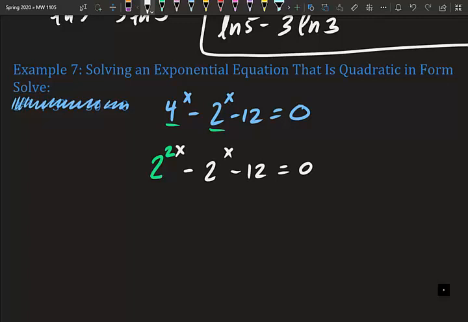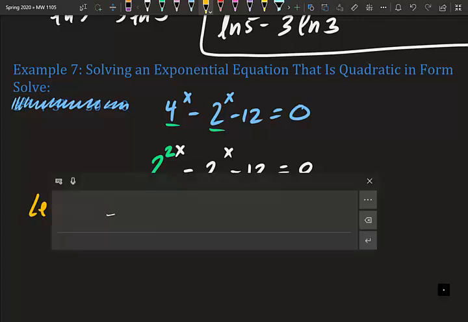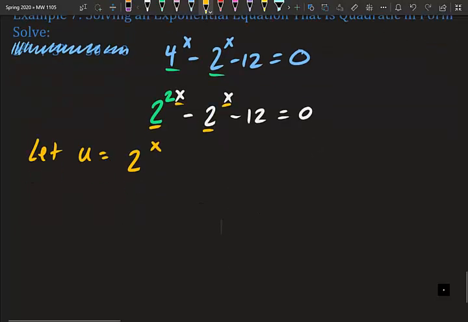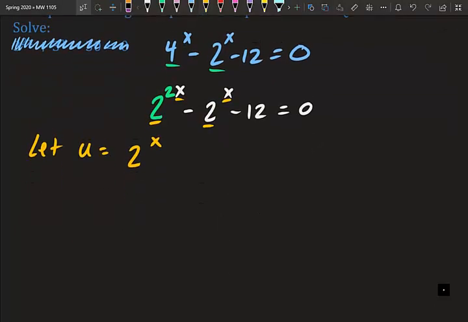Now this is where it's called U substitution. We're going to let something represent something. So we're going to let U equal 2 to the power of x. Now why 2 to the power of x? Because they both have a 2 to the power of x. So let's go ahead and substitute it back in. That's why it's called U substitution.